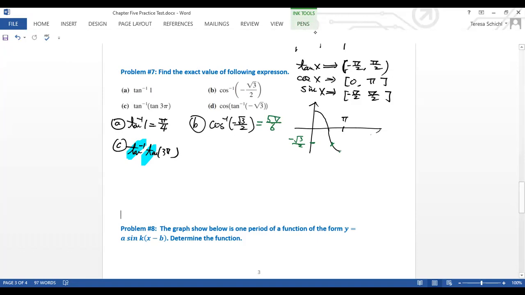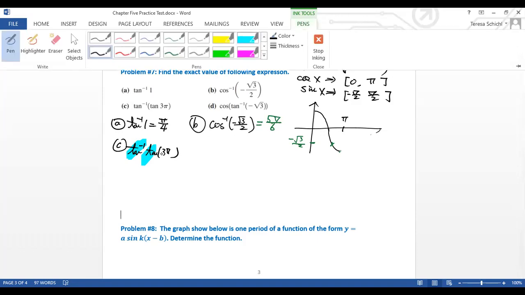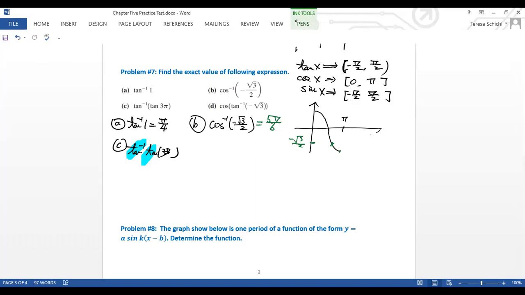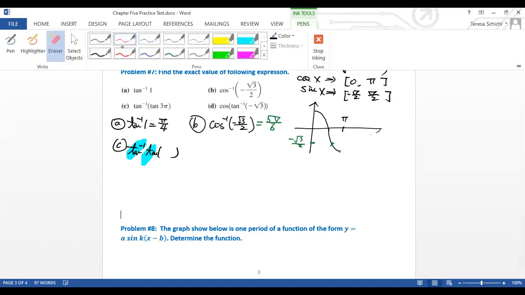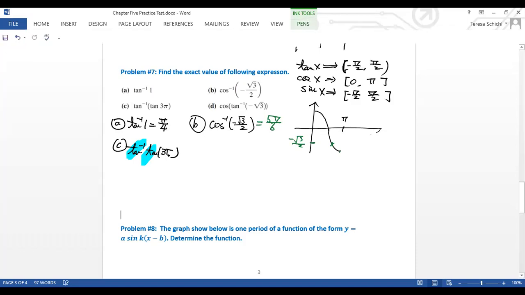If the angle is within the restricted region, then we can just cancel that out. But for this one, I cannot, so I need to do each one. So this is the arctangent. So what is the tangent of 3 pi?